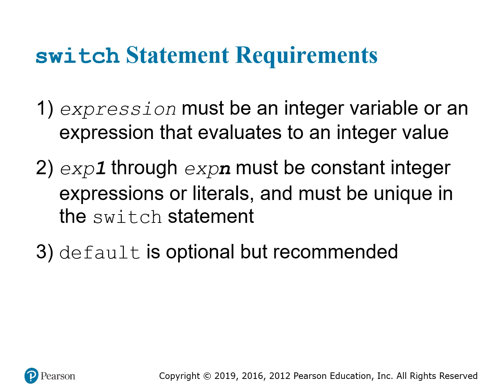All of your expressions must be constant integer expressions or character literals, okay? You can't have a variable as one of your cases, okay? And then the default is optional, but it's recommended to have one so that nothing falls through without doing something.